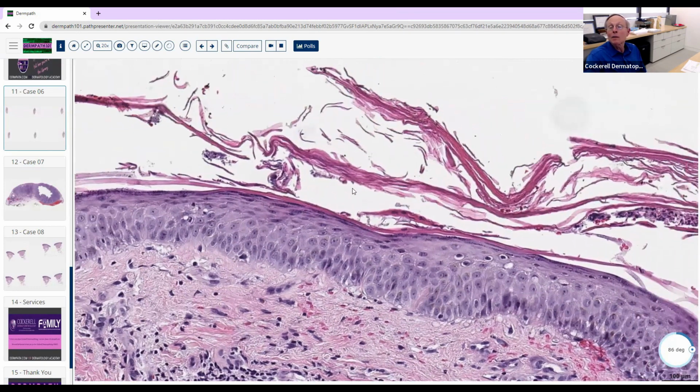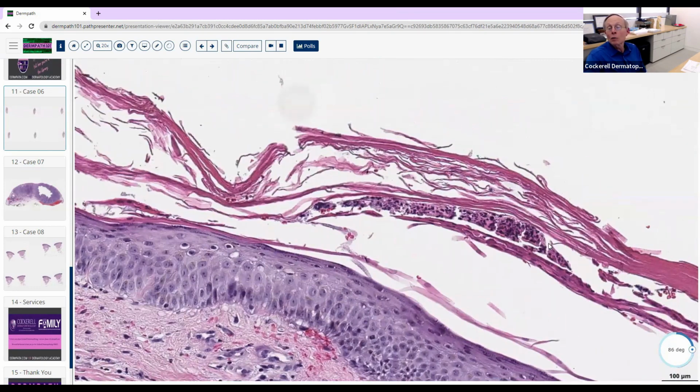Definitely should think about a fungal infection, more so than psoriasis. Psoriasis usually doesn't give you the sandwich sign like this. So this is a nice example of that finding here. And when you see that, that really should make you think of a fungal infection.